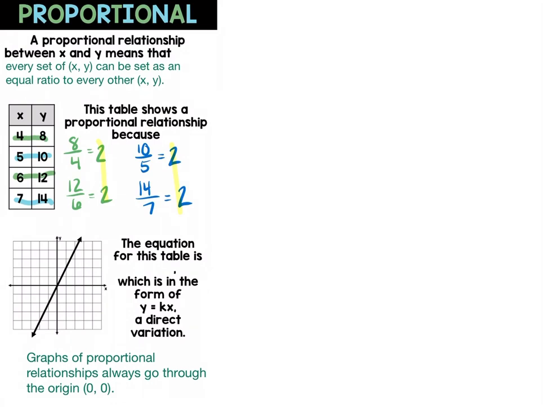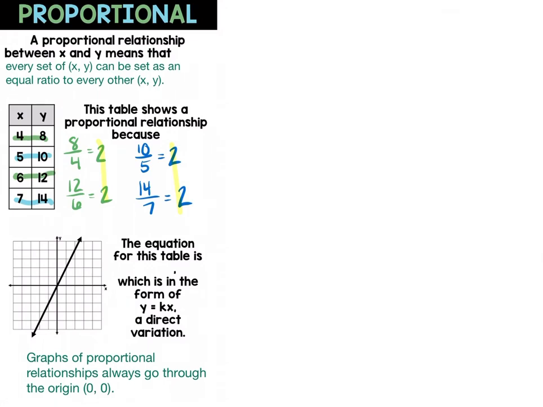Okay? So now we're going to look at the graph. So the equation for this table, so proportional relationships are y equals kx. So we find k by doing y over x. And it always goes through the origin, okay?